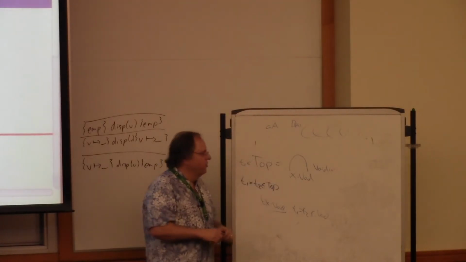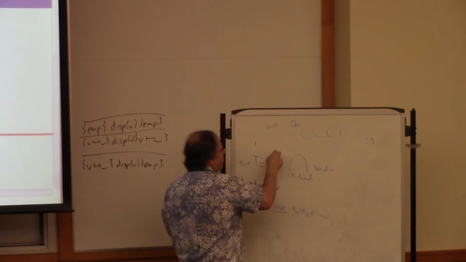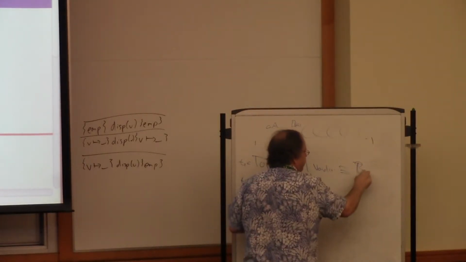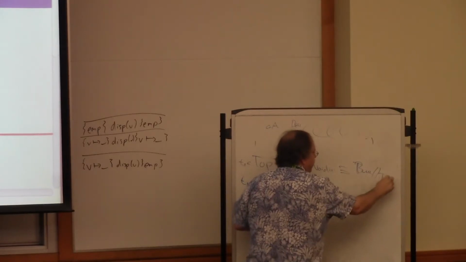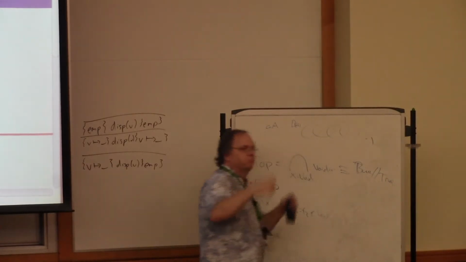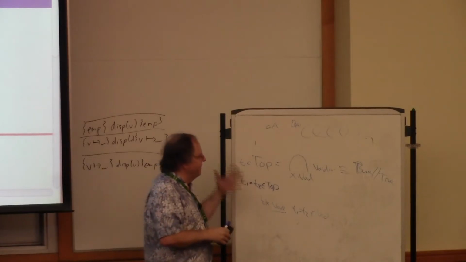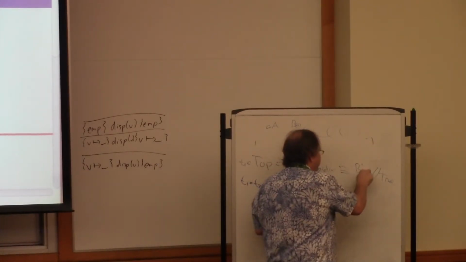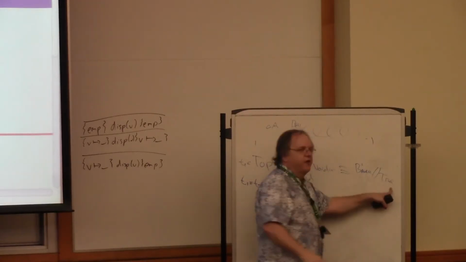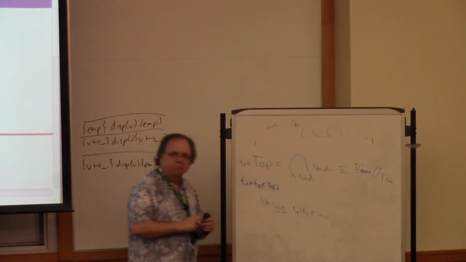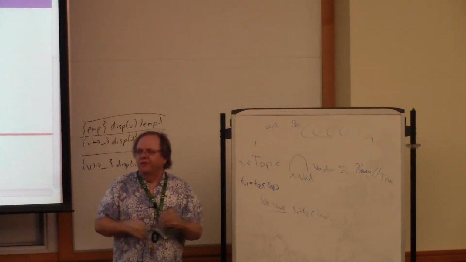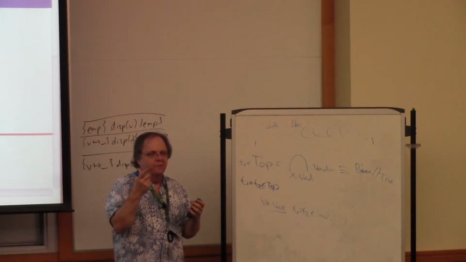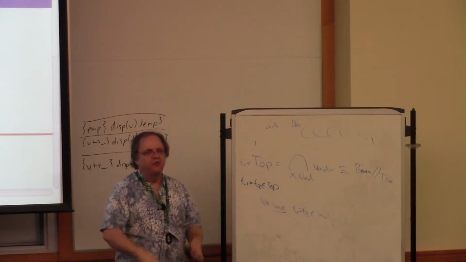So top is really the same thing as all the terms, the base type, quotiented by the always-true relation. It's all of our terms, but now the equality has been made trivial. So top is a type that has all the terms, but in some sense it only has one. It's got one equivalence class that contains all the terms.